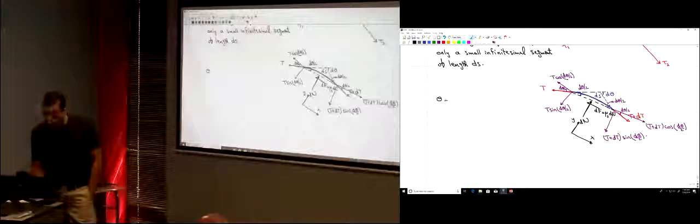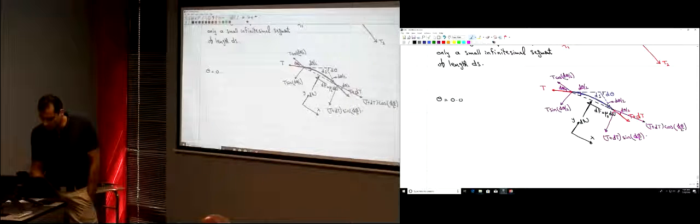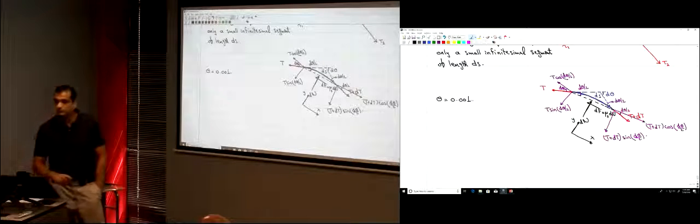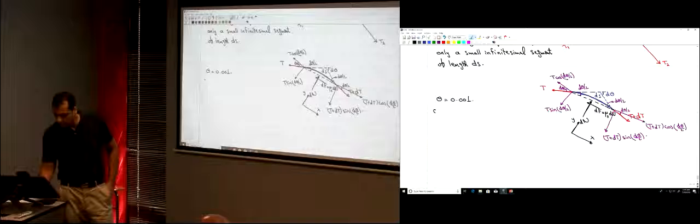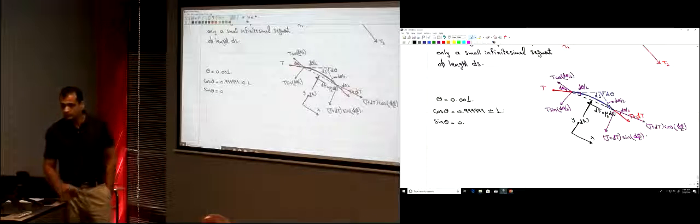If you have a theta angle of, let's say, 0.001, let me know how much is cosine theta and how much is sine theta. The cosine is 0.9999, almost 1.